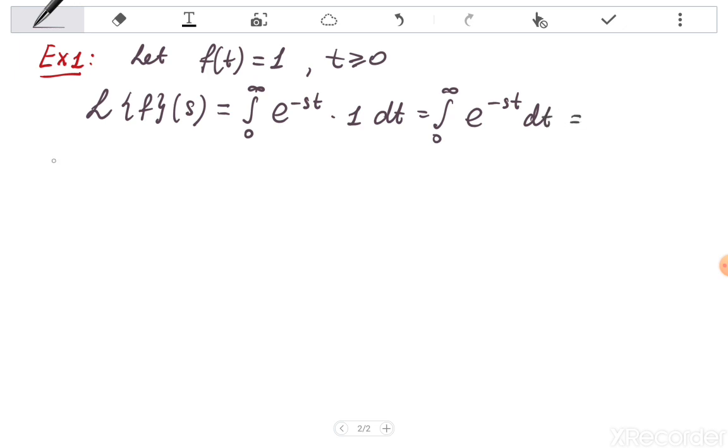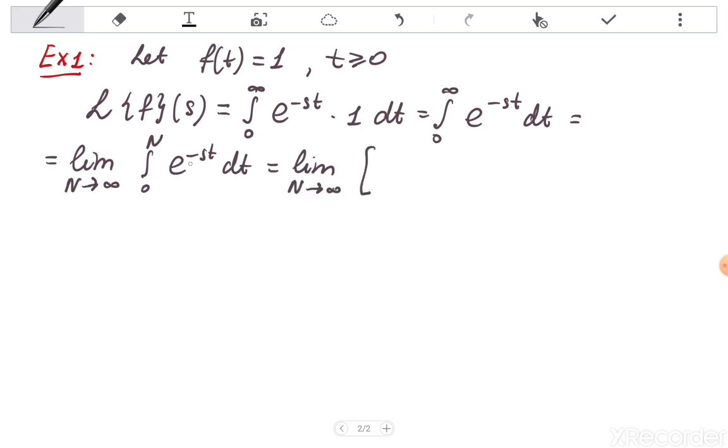And now let's use the definition of improper integral. The limit as n goes to infinity of the integral from 0 to n e to the minus st dt. Now let's integrate. So the integral of e to the minus st with respect to t is minus 1 over s times e to the minus st. So s now is a constant here, and the integral is from 0 to n.